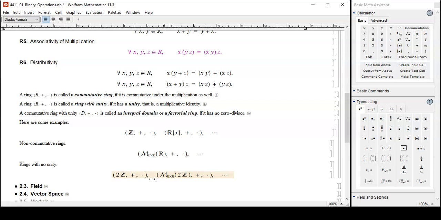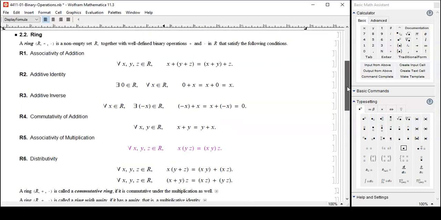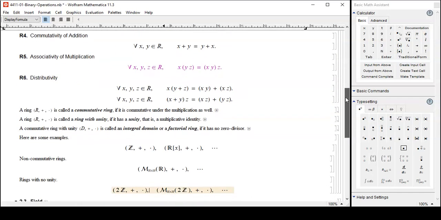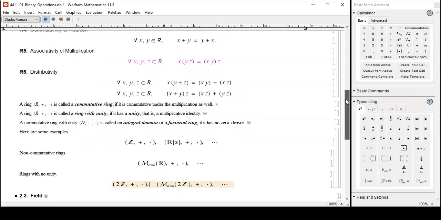An even number times an even number is also an even number, so it's closed under multiplication as well. And then we have all these properties. It has commutativity as well, but it has no unity. We need 1, but 1 is not an even number.